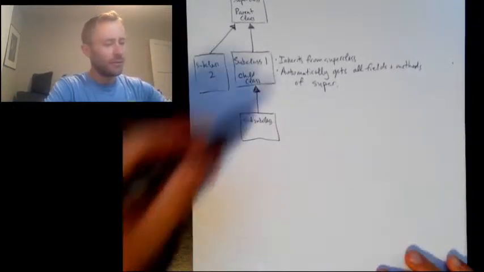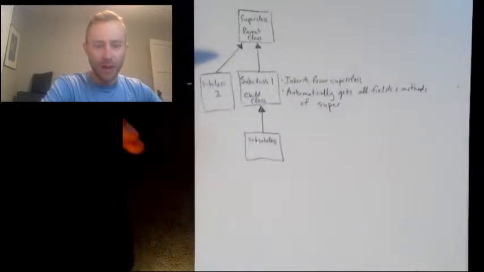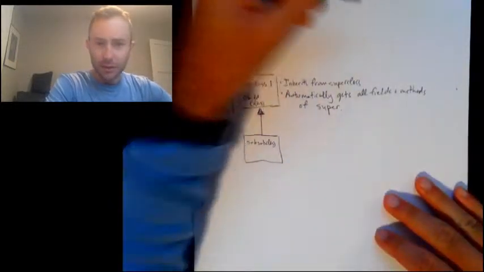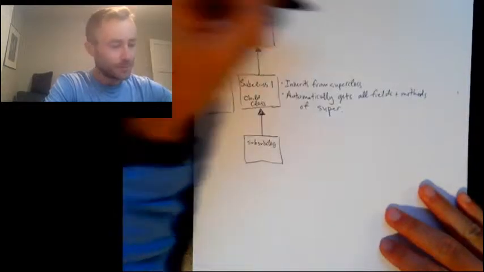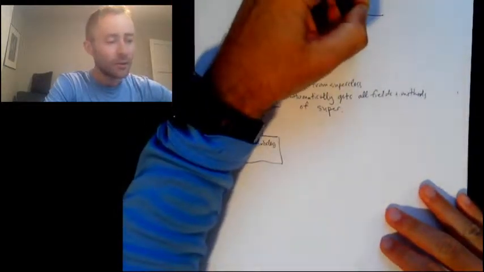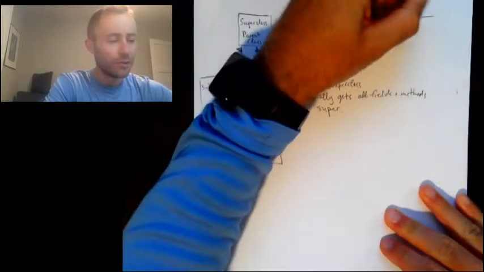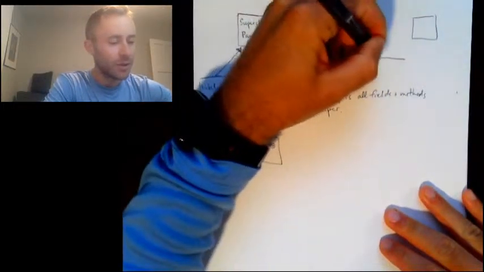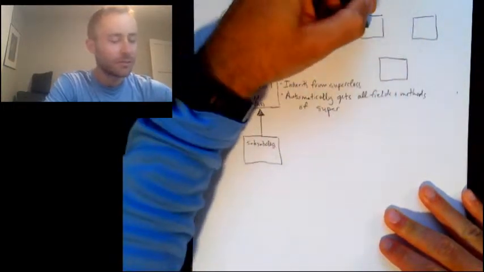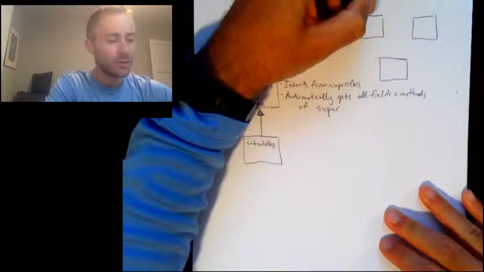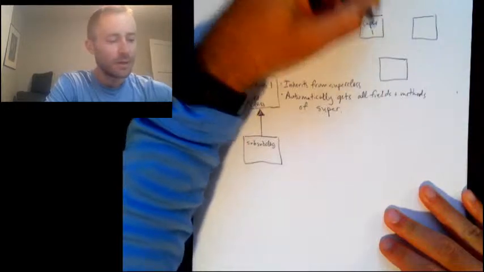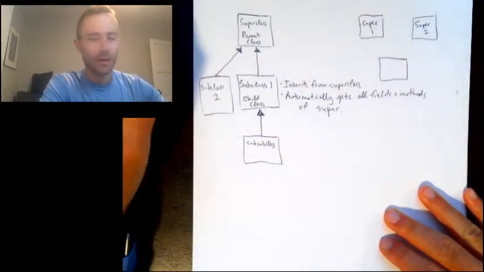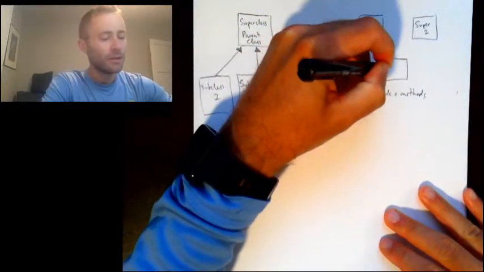So if you have multiple levels, that's called hierarchical inheritance. Some programming languages allow you to inherit from 2 superclasses or more. So here's super 1 and here's super 2, and here's the sub.